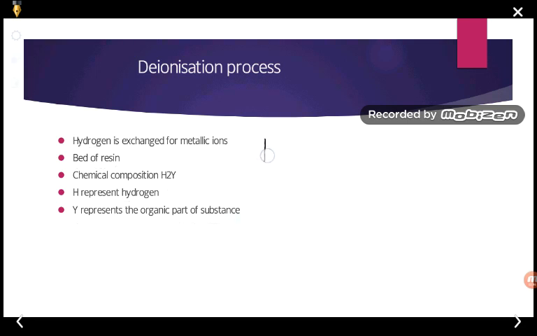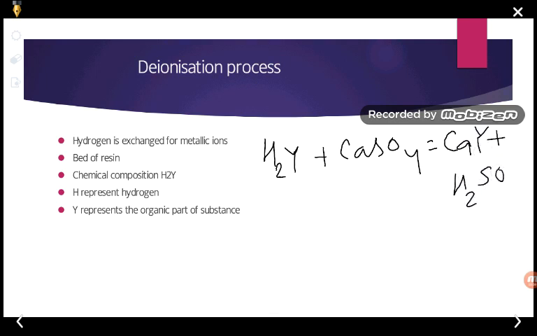So whenever you write it down, the chemical equation will be H2Y plus CaSO4 gives you CaY plus H2SO4. So here you can see that H2Y, when it reacts with calcium sulfate, gives rise to CaY, calcium and Y. What do you mean by Y? Y is nothing but the organic compound.